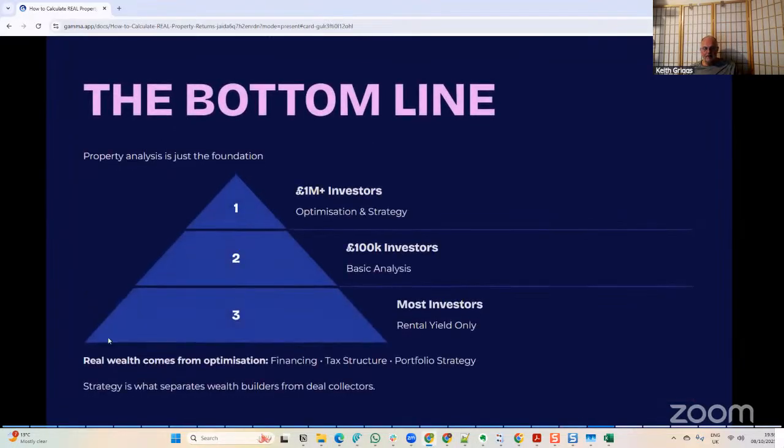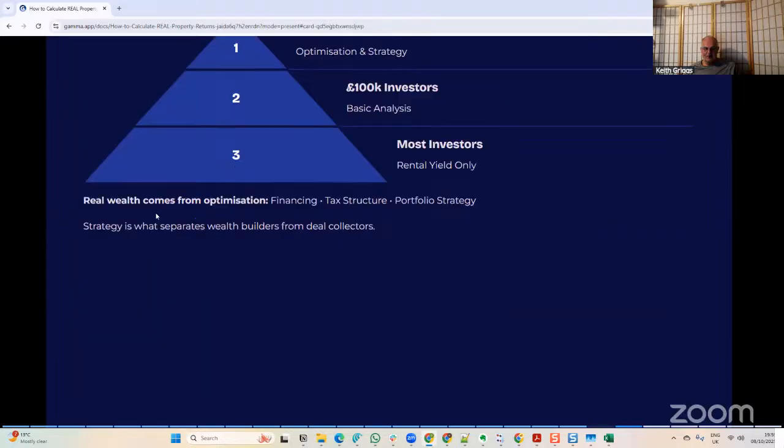Bottom line: most investors just look at rental yield, basic 100k investors use basic analysis, whereas 1 million plus investors use more detailed optimization and strategy.